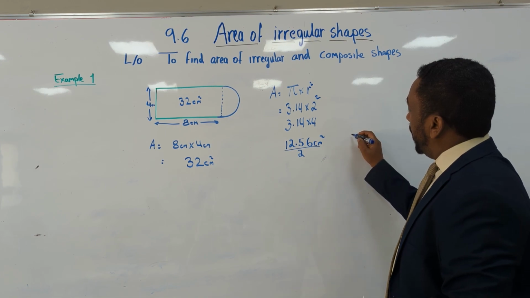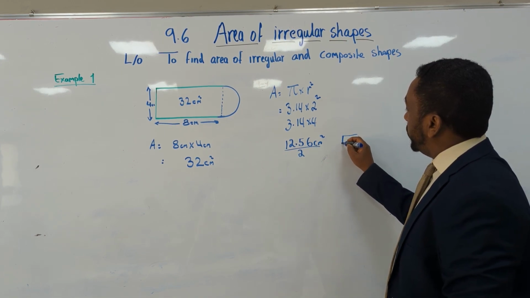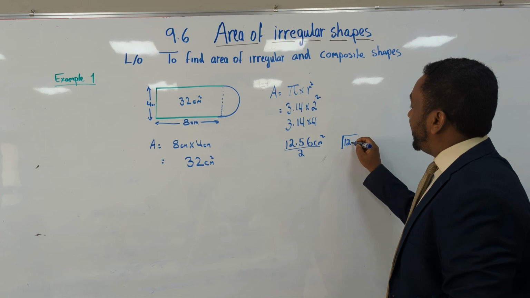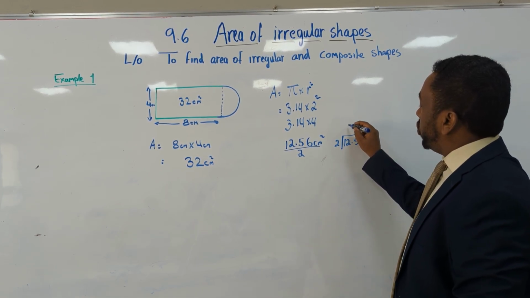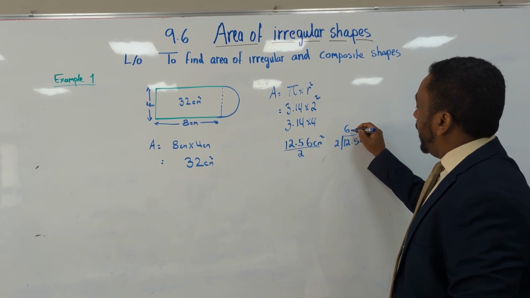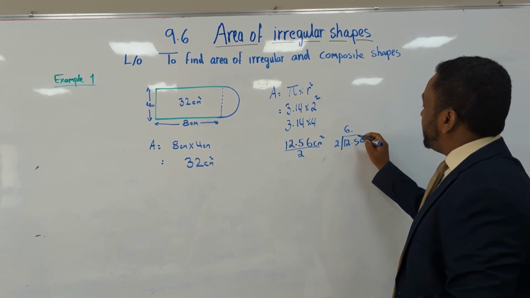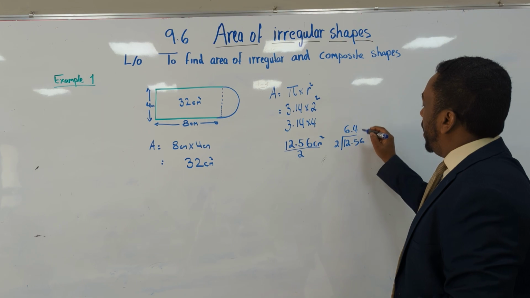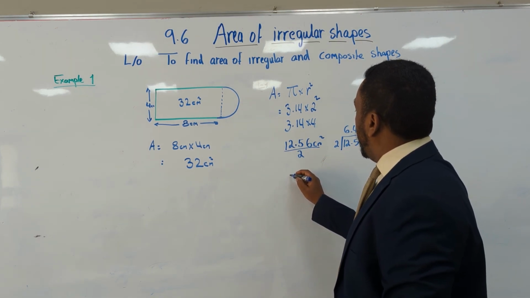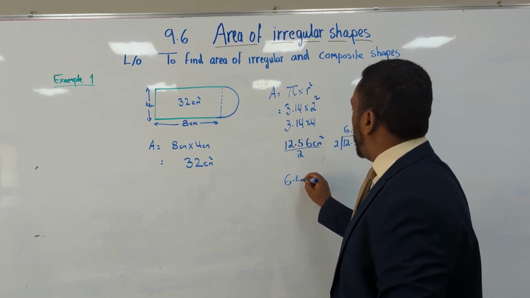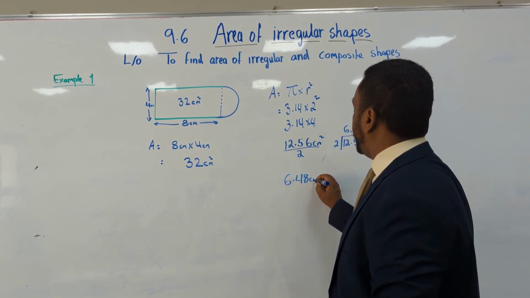Let's divide it. So we have 12.56 divided by 2. So we have 6 here, and bring the decimal. Then 5 divided by 2, and then 6 divided by 2. So the final answer will be 6.48 centimeters square.